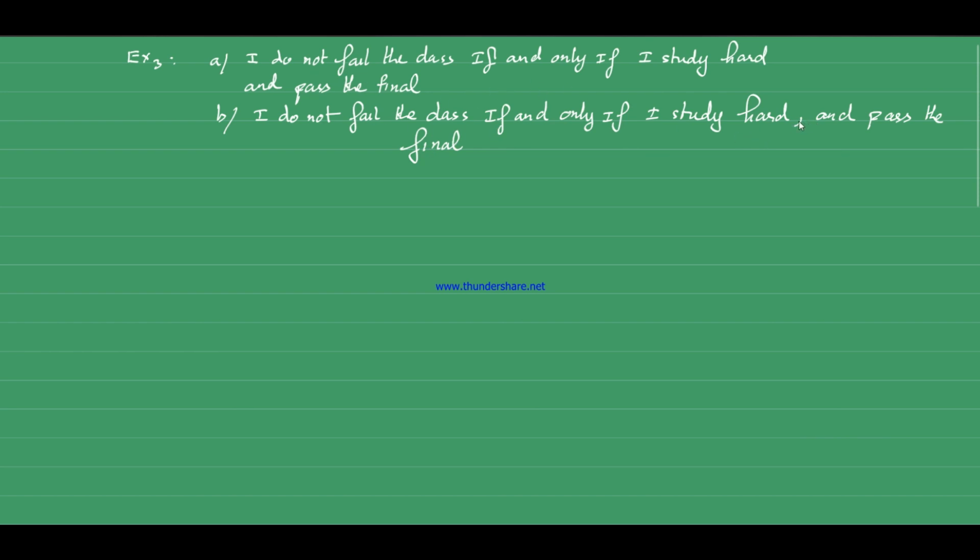is the comma right here. The comma makes everything different. Okay. So on the first part, there's no comma. So I do not fail the class if and only if I study hard and pass the final.